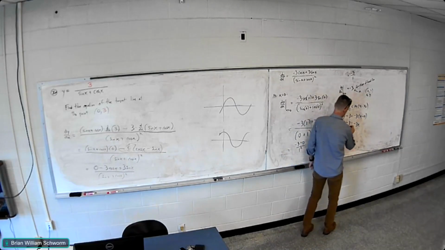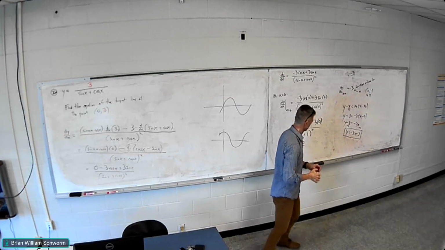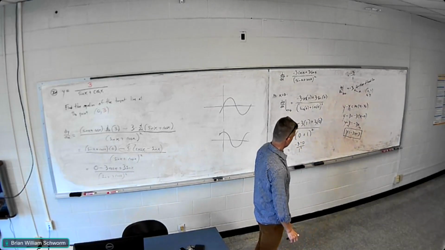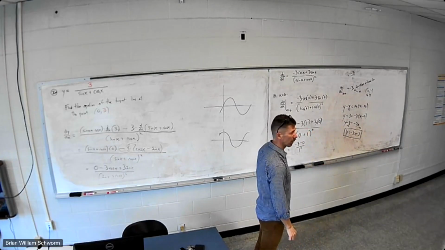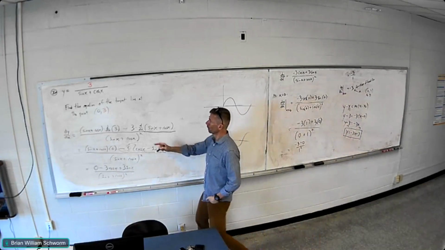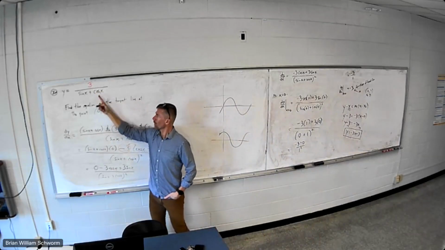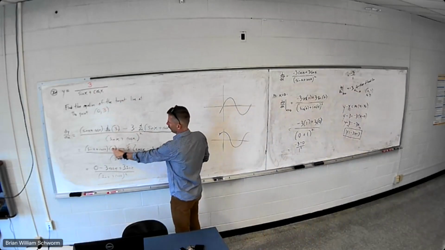Add 3. y equals negative 3x plus 3. So there's the equation of the tangent. A lot of 3's. Not really a coincidence. In fact, you can trace it all the way through. That 3 actually corresponds to that 3, but that 3 here, that gets to 0.